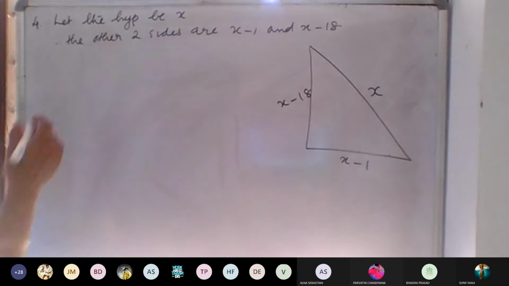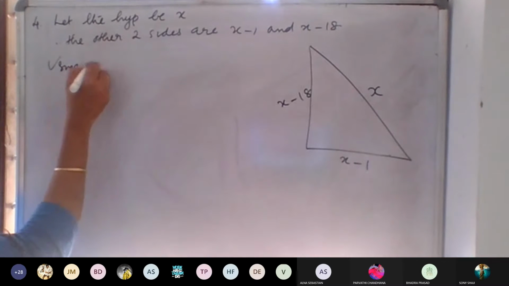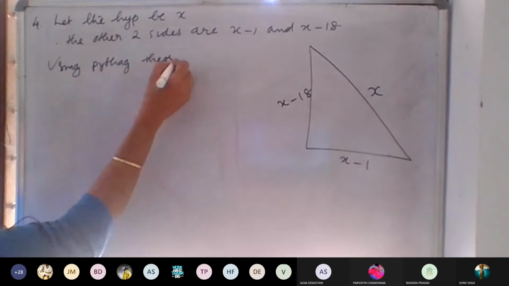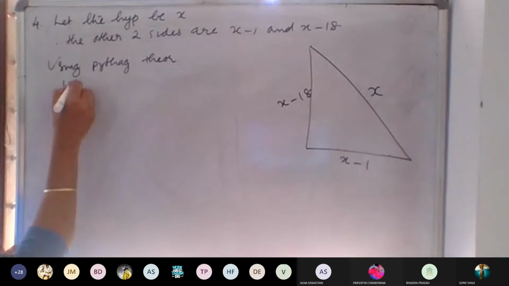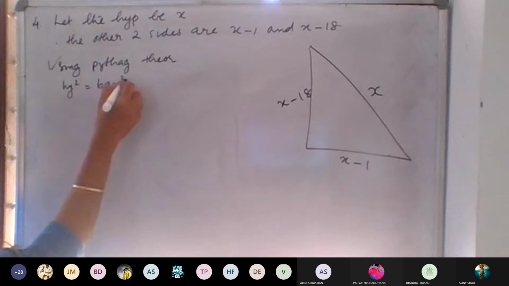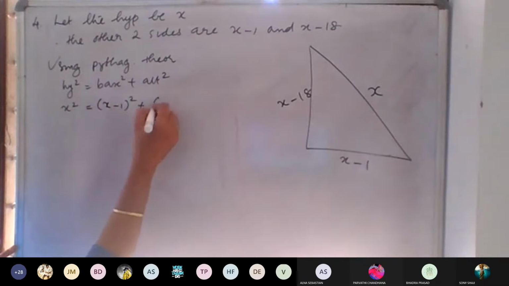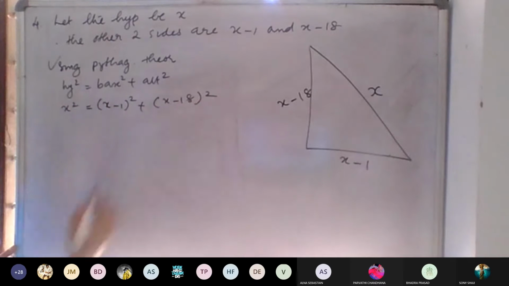Using Pythagoras theorem, hypotenuse square is equal to base square plus altitude square. So x square is equal to base, x minus 1 the whole square, plus x minus 18 the whole square. Expand using a minus b whole square.